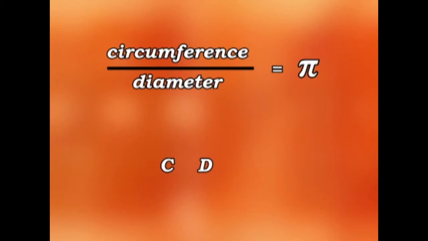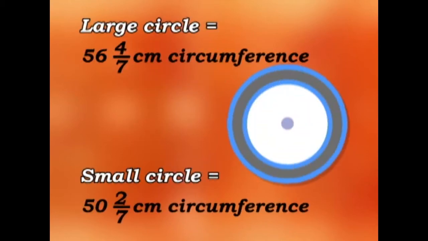So if we want to find the circumference, we multiply the diameter by pi. C equals D times pi. However, in this case, we already know the circumference. It's the diameter we don't know. So what shall we do?